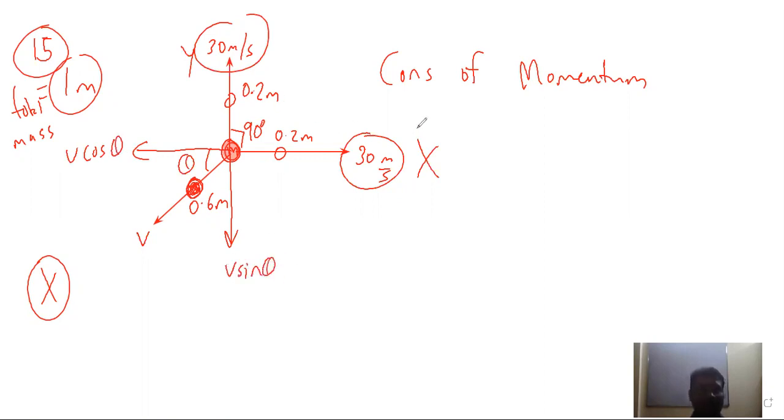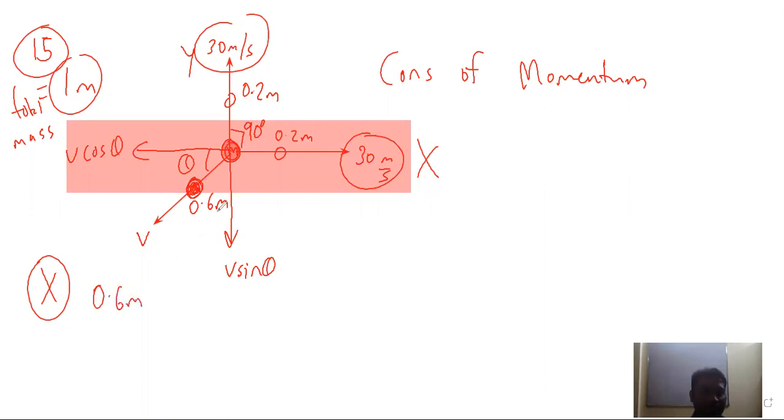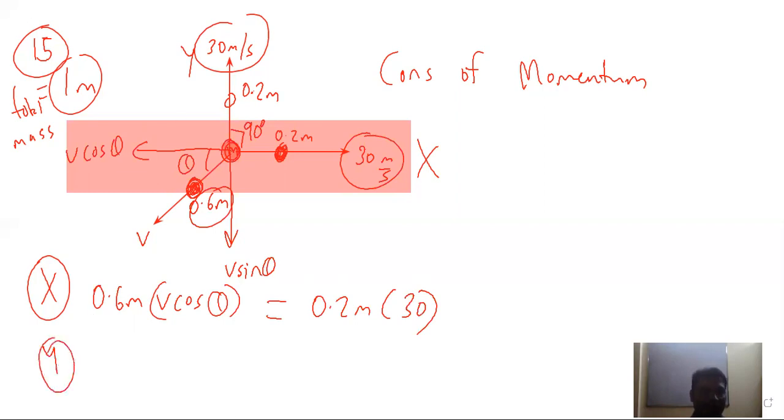If I apply conservation of momentum along the x-axis, we get this equation: 0.6 m, the mass of the third particle, into its x component of velocity, v cos theta, equals 0.2 m into its x component of velocity, 30. Then the conservation of momentum along the y-axis is like this.